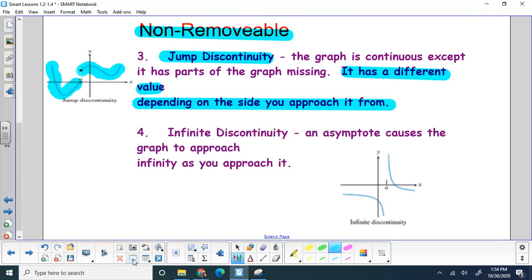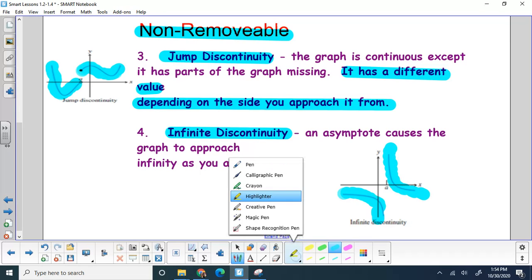The final vocab word that I have for you is an infinite discontinuity. Now, again, I want to stress, non-removable discontinuities could be jump or infinite. Again, with an infinite discontinuity, you'll notice that you have to physically pick up your pen and relocate it. And that is why it's considered an infinite discontinuity.